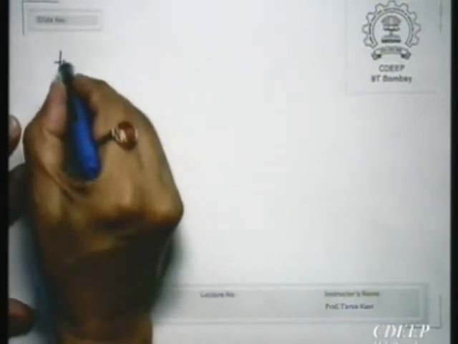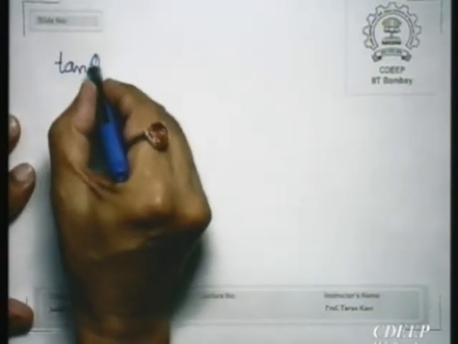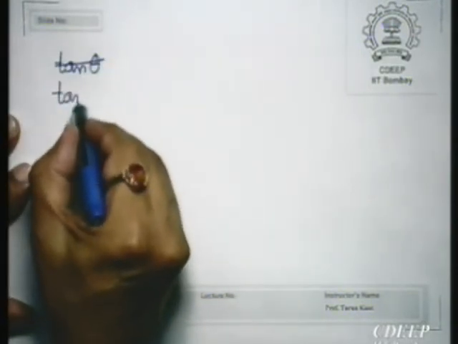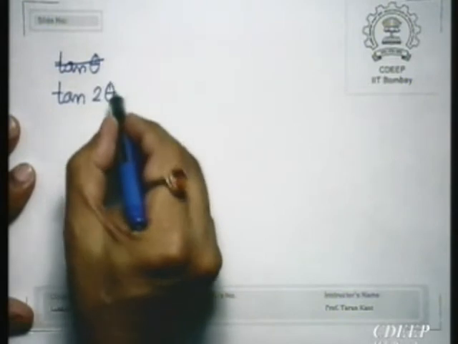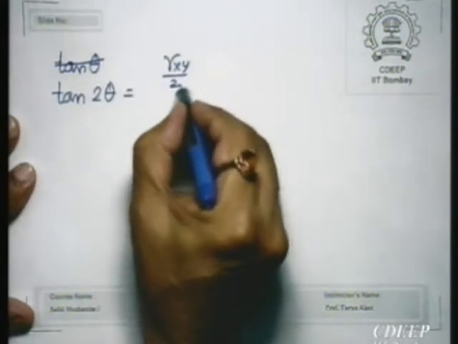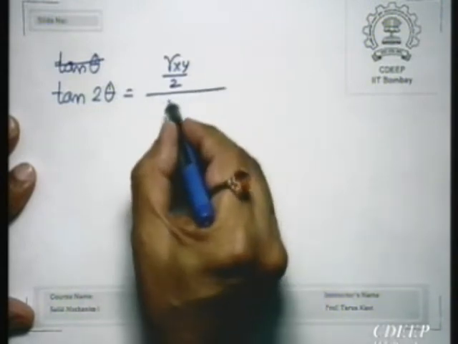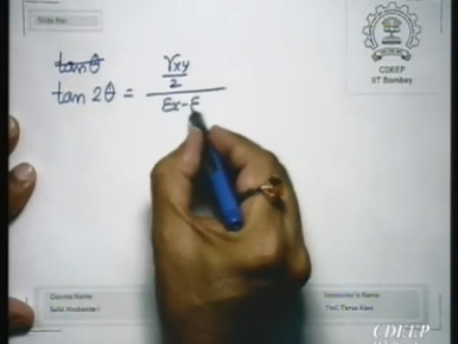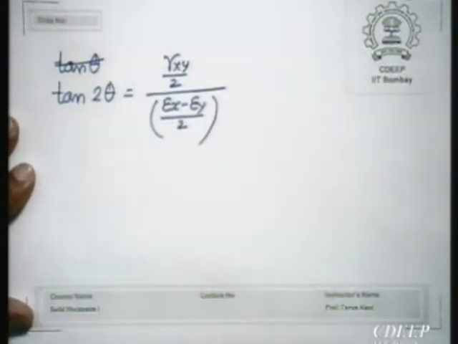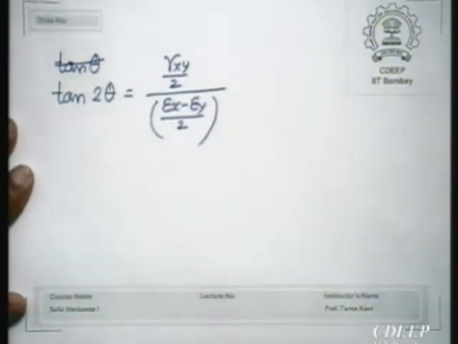You can find out the principal angle: tangent 2 theta will be equal to gamma xy by 2 divided by epsilon x minus epsilon y by 2. So, this will give you the principal axis.